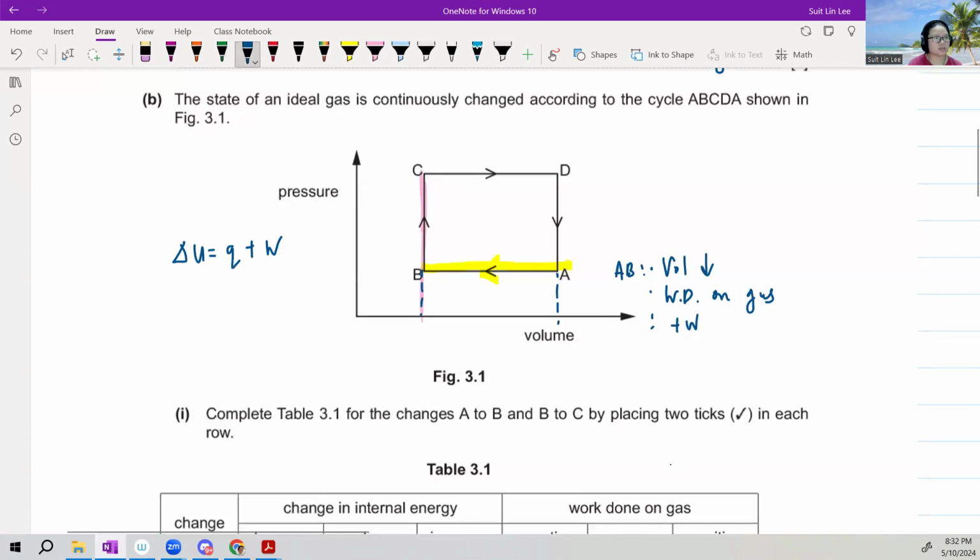And this change in internal energy, delta U, is also the sum of the distribution of kinetic energy plus potential energy. And this kinetic energy is proportional to the temperature.